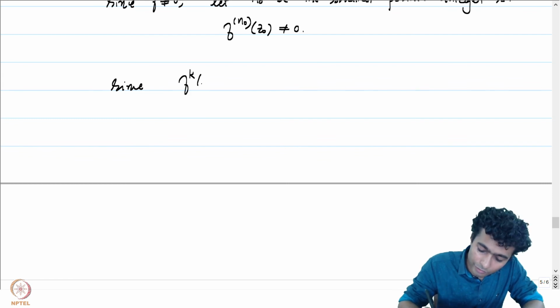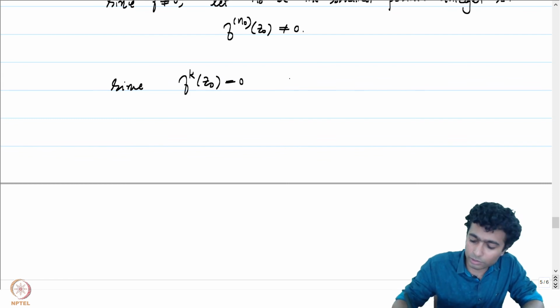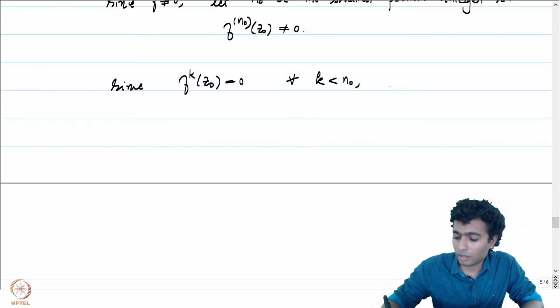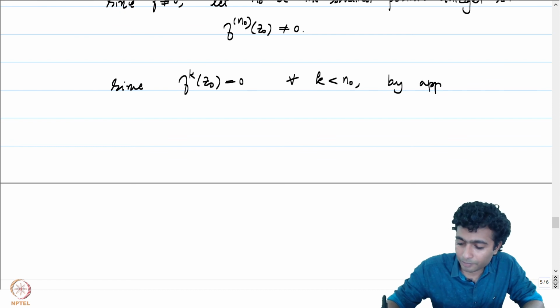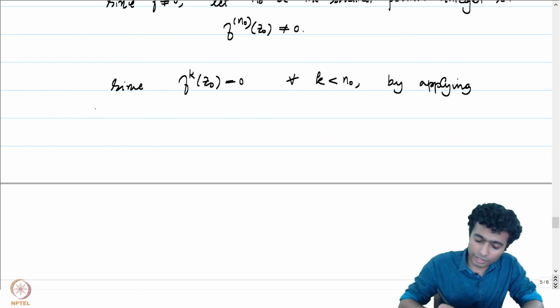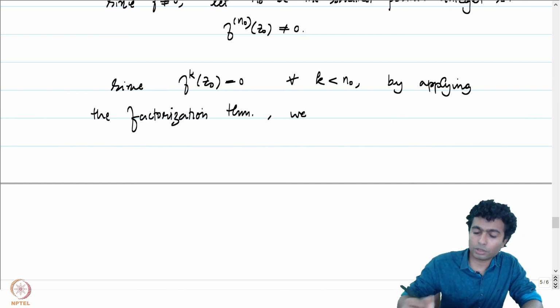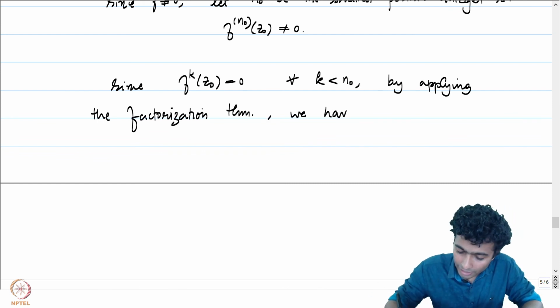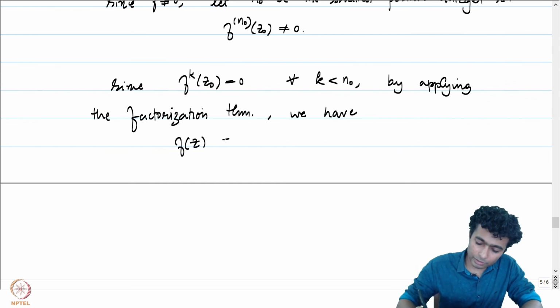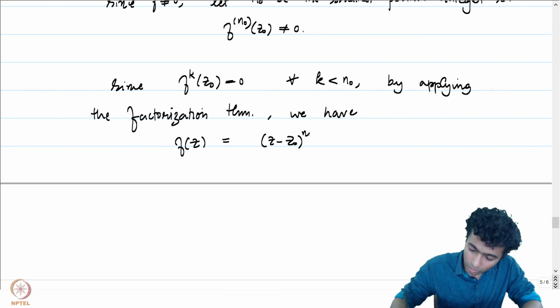Since f_k of z0 is equal to 0 for all k less than n0, by applying the factorization theorem of analytic functions, notice that f is holomorphic, in particular it is complex analytic, we have f of z is equal to (z minus z0) to the power n0 times some function g of z.